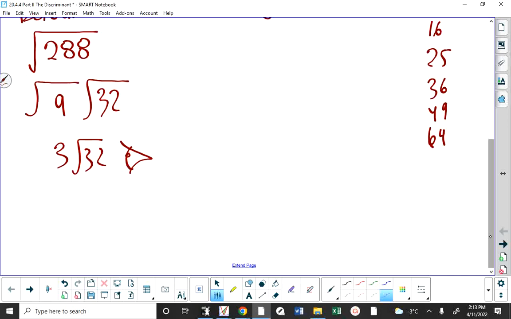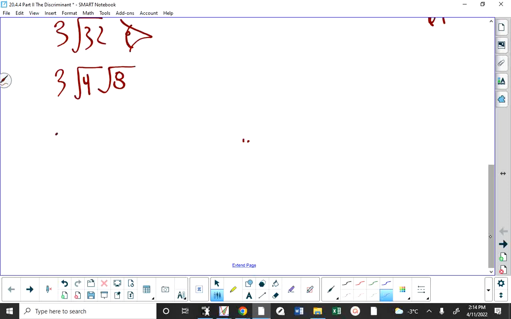So let's do 4. This 3 is there, it's got to be part of our answer. And then you said 4, so this would be root 4 root 8. 4 times 8 is 32. So what does it become now? It becomes 3 times root 4 is 2 root 8. So this becomes 3 times 2 is 6 root 8.